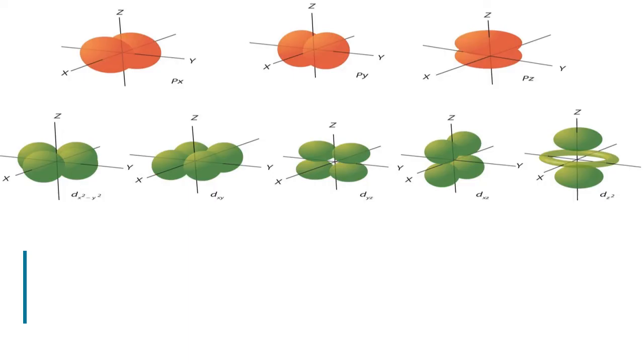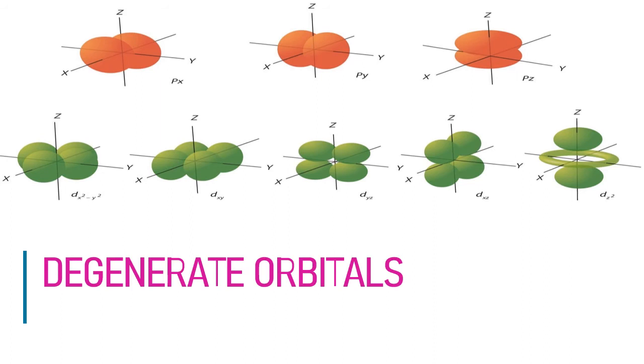Now this is one more small topic. What are degenerate orbitals? Degenerate orbitals are applicable only for those orbitals where m value is there. m gives the orientation. So m value is there for p, d and f. For s there is no m value, that means in the case of s there are no subdivisions.